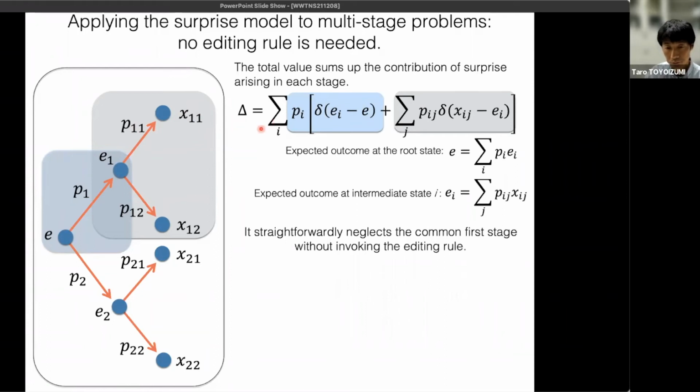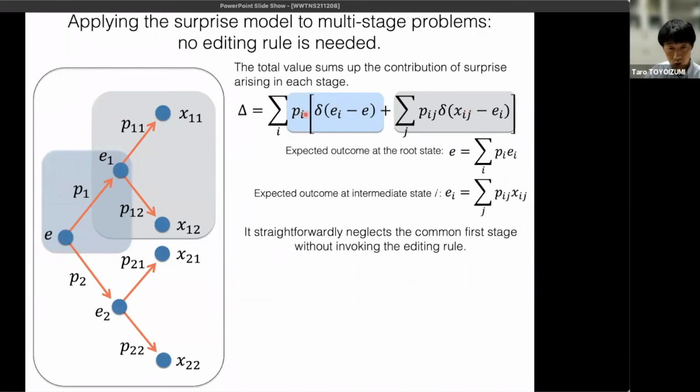We propose to use the total value, which sums up the contribution of surprise arising in each transition stage. So this blue part is the surprise that arises from the stage 1 transition. This gray part is the surprise that arises from the stage 2 transition.